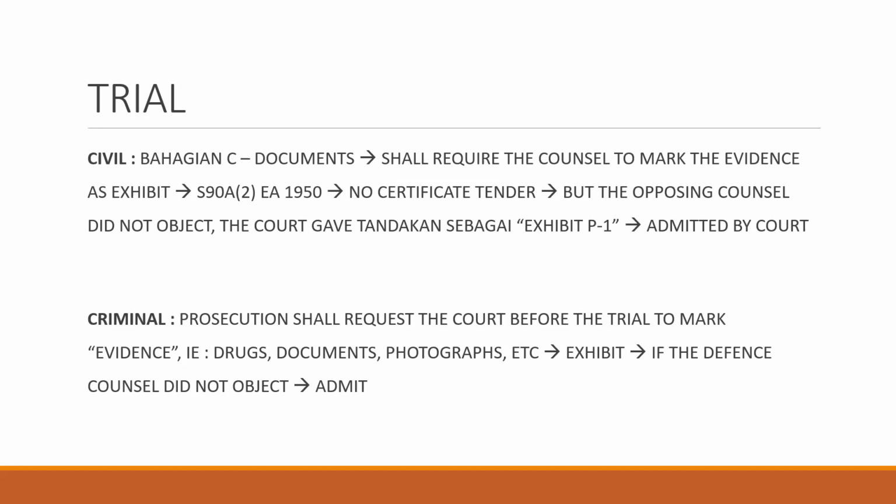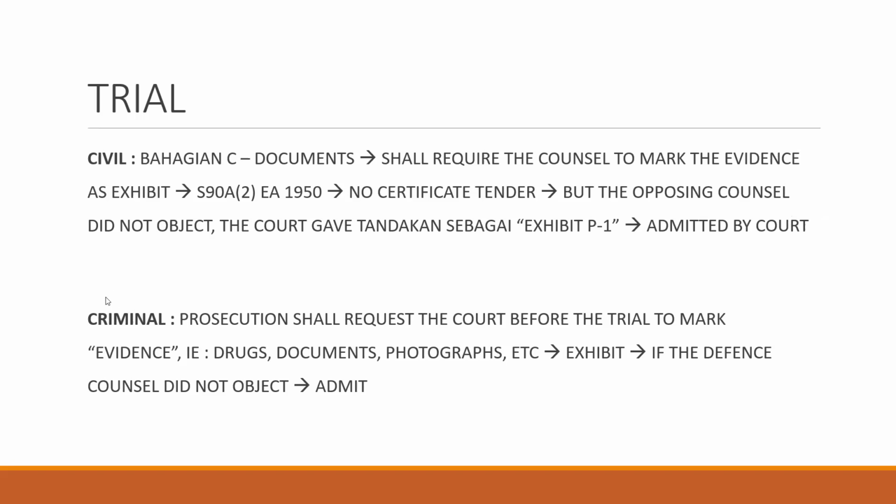This is one of the methods, so the other party cannot object. Let's say for example in the scenario whereby you did not call the maker to come and no certificate is tendered, the opposing counsel did not object, and then the court marked it already as exhibit plaintiff one. Then this piece of evidence shall be admitted by the court. So the mode of proof is not objected to. Okay, very important.